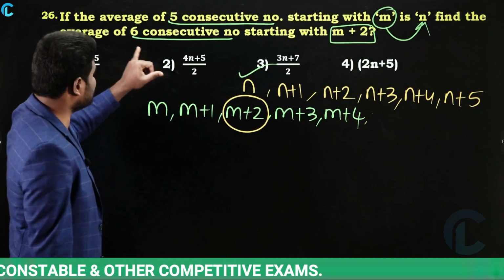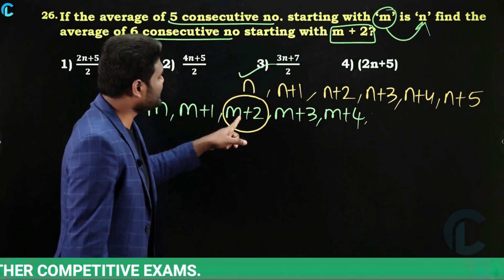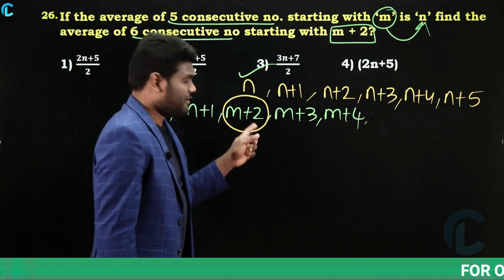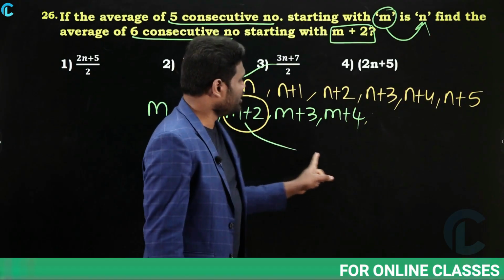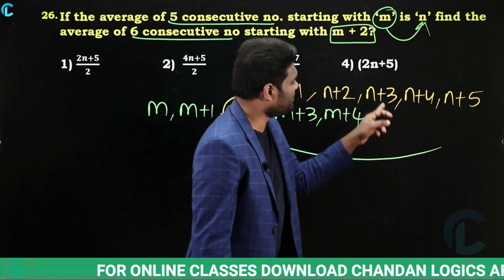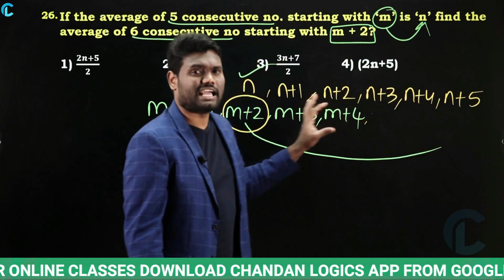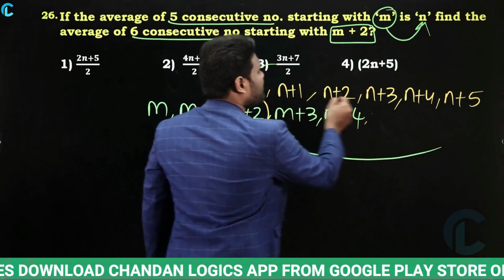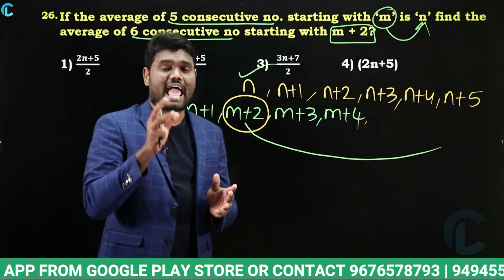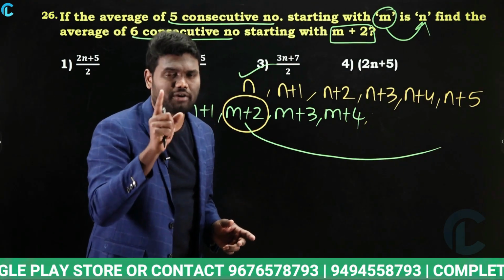Find the average of 6 consecutive numbers starting with m plus 2. If this is m plus 2, from here onwards you need 6 numbers. So 6 numbers means n, n plus 1, n plus 2, n plus 3, n plus 4, n plus 5. For this I need to find the average. How many numbers do I have? 6 numbers. As I have 6 numbers, average is nothing but the average of the middle 2 numbers. That is what we have learned.